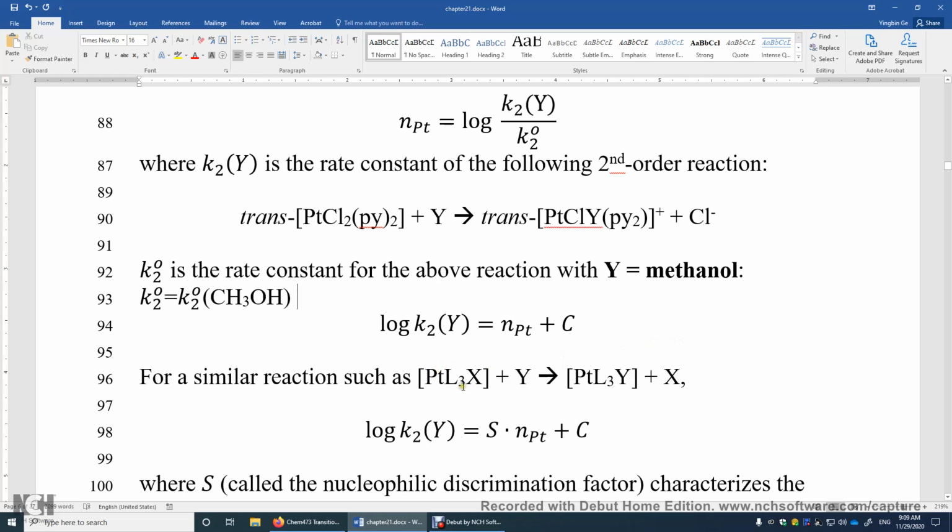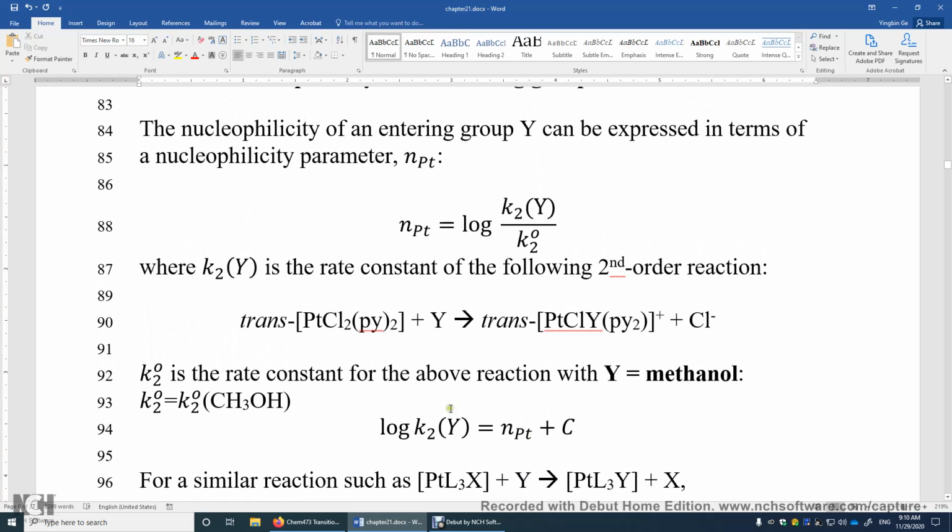And in this case, we can again measure the reaction rate and then calculate the rate constant. And we find that this logarithm of the reaction rate constant is still proportional to this N sub Pt. So this N sub Pt is determined in this reaction when we use dichlorido dipyridine platinum as the reactant.